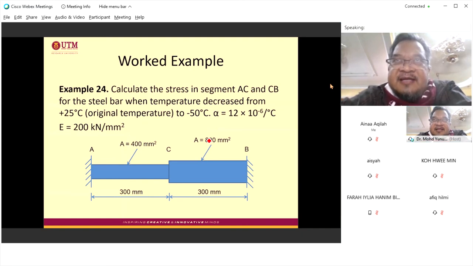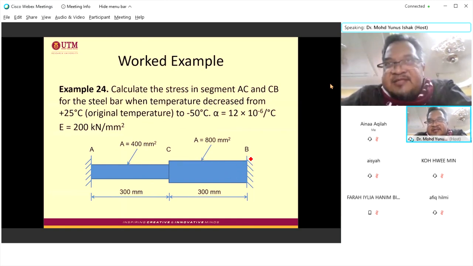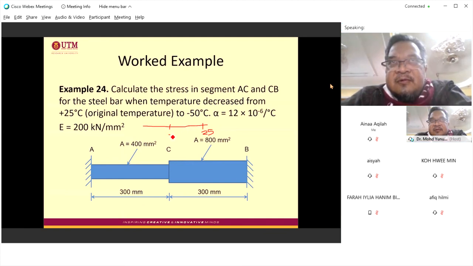So the idea is, we release one support and allow it to shorten because it's 25, then 0, then negative 50. So this is your delta T.